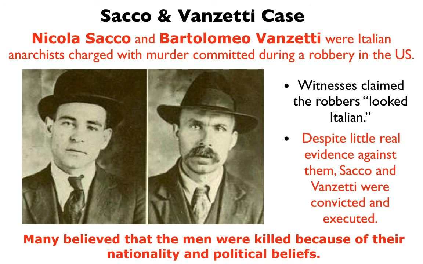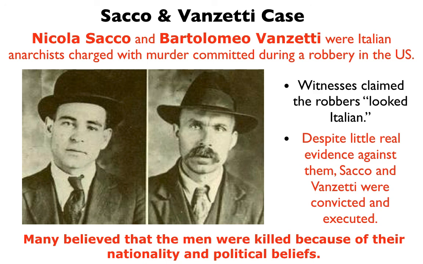I also think Sacco and Vanzetti is another good example of how people become very anti-immigrant. There was very little real evidence that these two guys had committed a murder. If you read about this, the actual account given to the police of the murderers was that they looked Italian, and so they go and find these two guys who had been associated with radical groups.